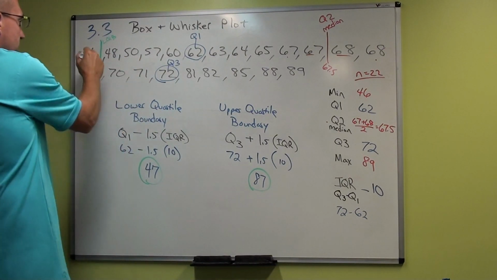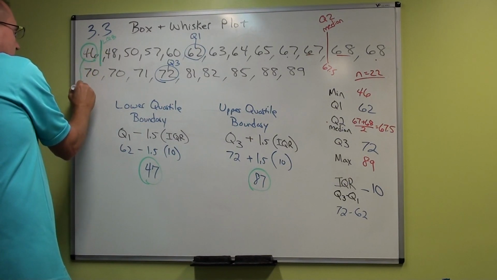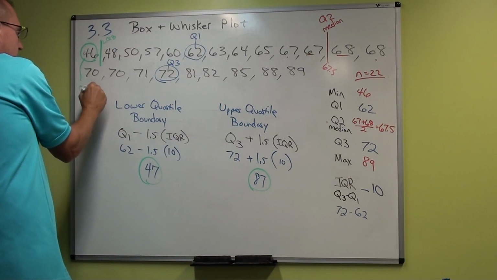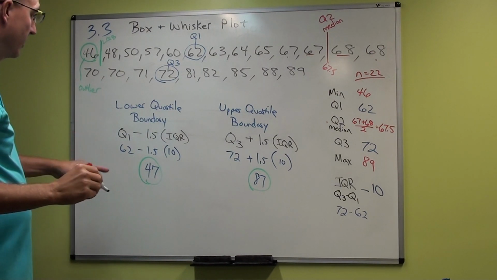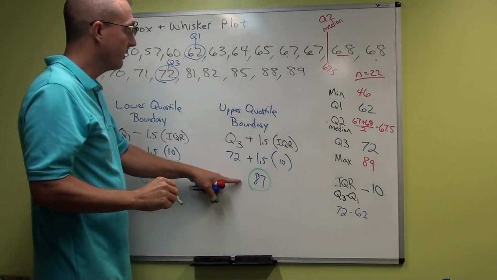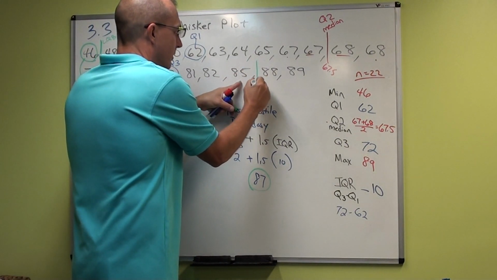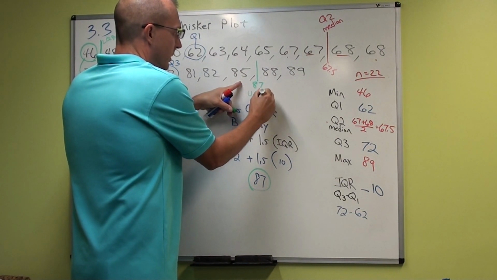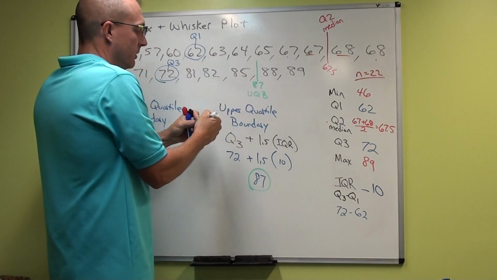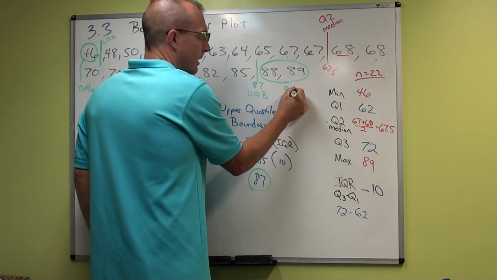That means this 46 is an outlier and can't be used in the data set. Alright, now we go over to 87. 85, 88, 87's here. And this is your upper quartile boundary. And that makes these two numbers outliers.